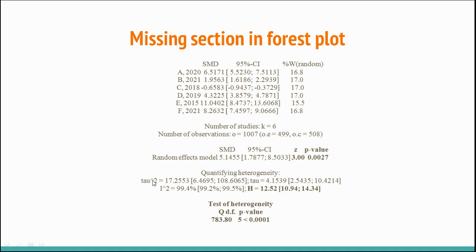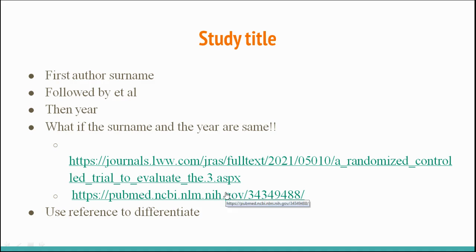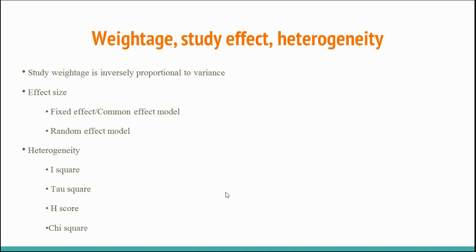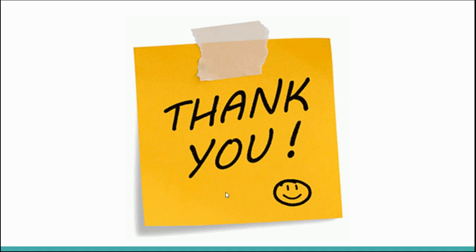So we need to report these sections also when we are reporting the results of meta-analysis along with the final effect. You have to report whether the heterogeneity was high or not, and if it was high, whether it was significant or not. So those are the sections which you need to have a basic idea about when you are actually looking into a forest plot.